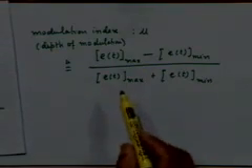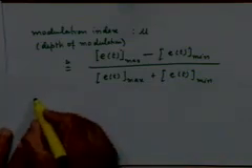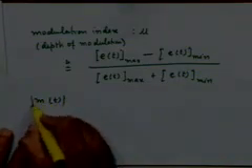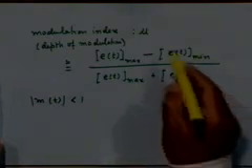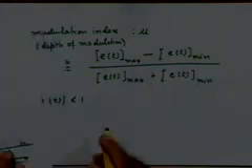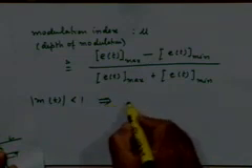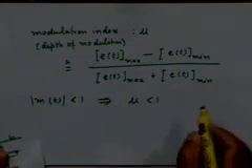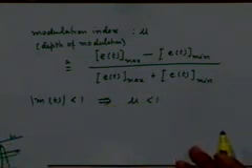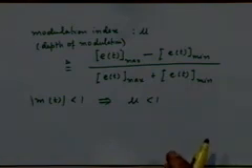So clearly, if your condition mod of mt less than 1 is satisfied, what can you say about this ratio? It implies that mu is less than 1. Sometimes we express it in percentage, right? Particularly when we refer to depth of modulation. If it is 1, we call it 100% modulation. If it is less than 1, we just multiply by 100. So a modulation index of 0.7 would also be 70% depth of modulation, right?